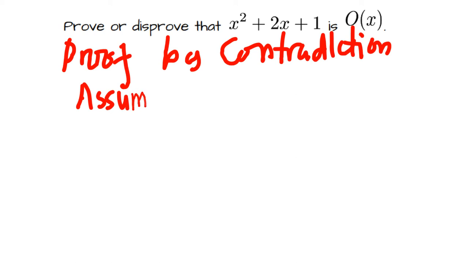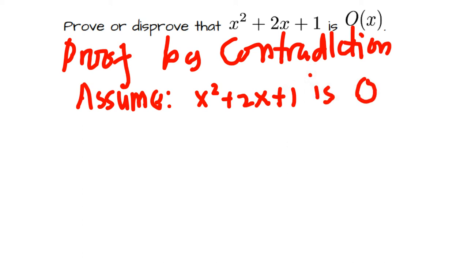We're going to assume the following: x squared plus 2x plus 1 is indeed big O of x.